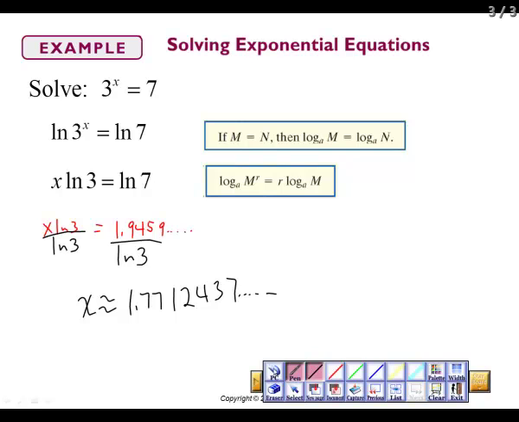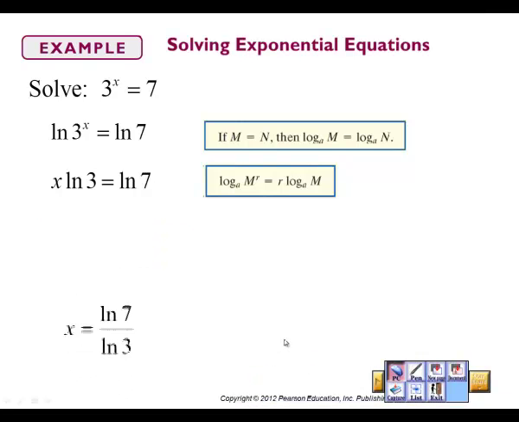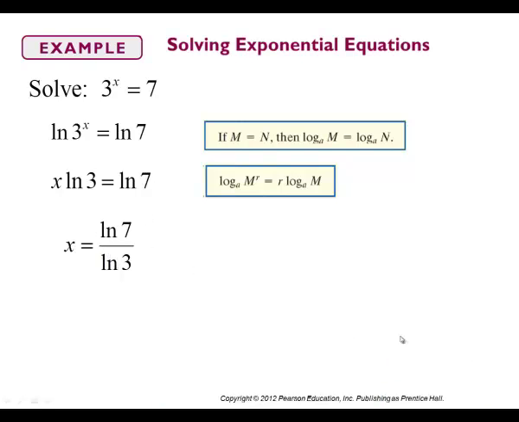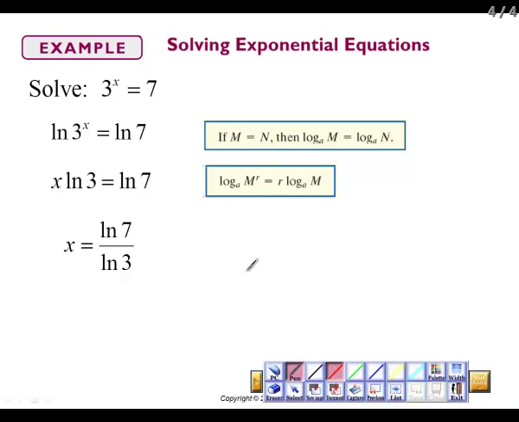Now this would be exact, but I don't like to calculate it this way, because sometimes students do not close the parentheses. If you're going to do it this way, you have to close the parentheses on the logarithm. So on the calculator, you would enter natural log 7, close the parentheses, divide by natural log 3, and get in the habit of closing the parentheses.